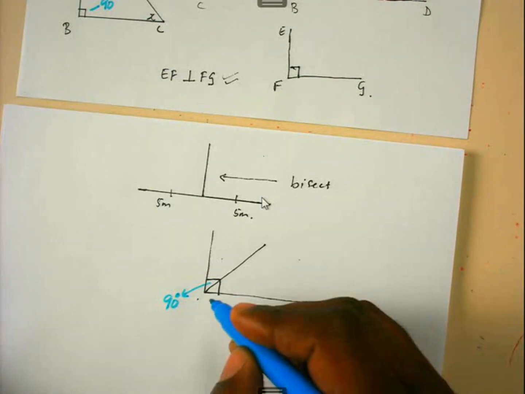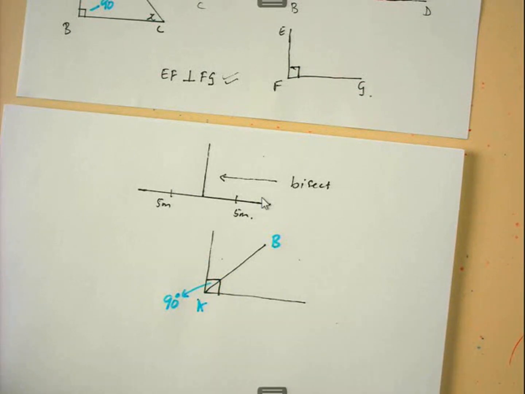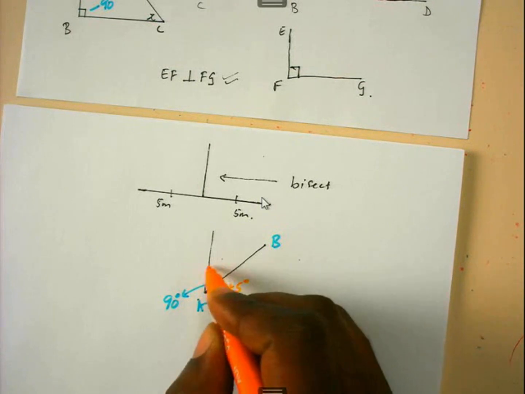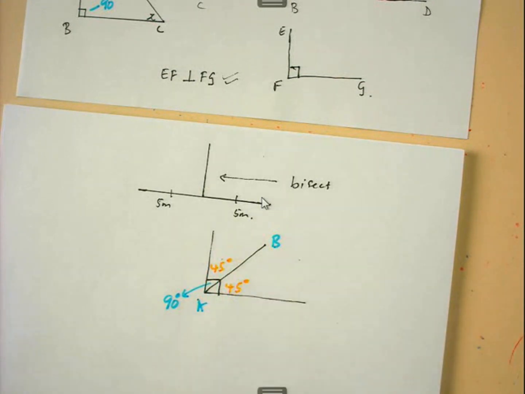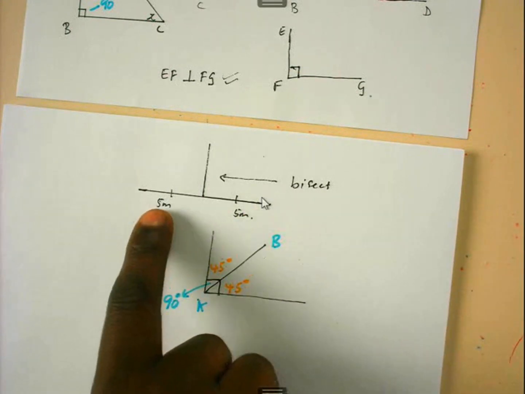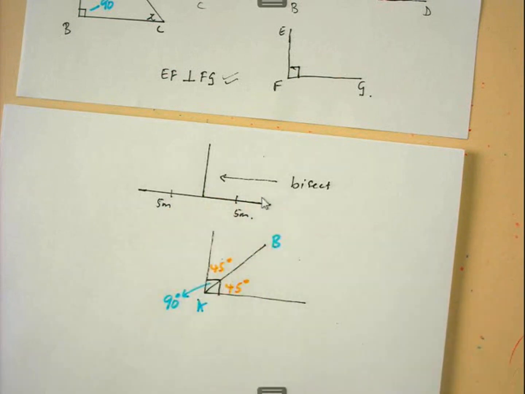But if we say this line AB bisects that angle of 90 degrees, what does it mean? It means that each part of that angle is 45 degrees. It cuts that angle into two equal halves. It is bisected. Bisect means it cuts into two equal halves, like we have there on that line.